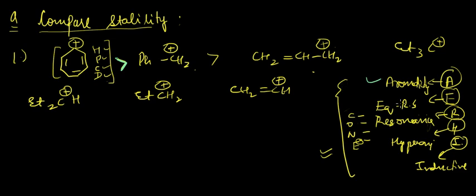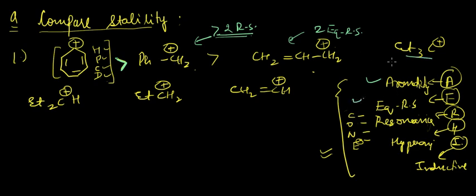If you see the equivalent RS, you can draw that it has only 2 equivalent RS, and in this case there will be more than 2 equivalent RS. You can draw the exact number and check which has more, but this would obviously have more equivalent RS because it has 3 pi bonds.